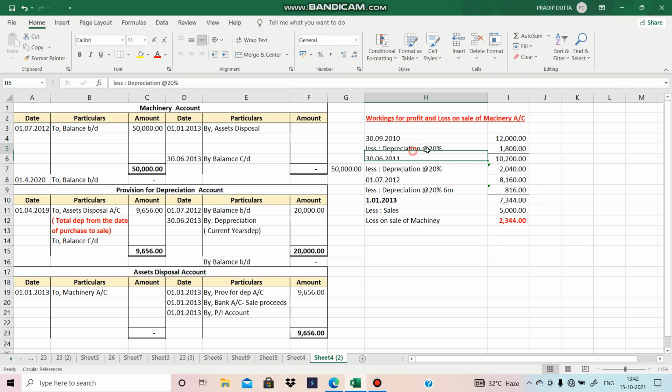First year depreciation 1,800, second year depreciation 2,040, and third year depreciation will be calculated only for 6 months, that is 816. So the written down value on the date of sale is 7,344 and the sale is 5,000. So the loss on sale of machinery is 2,344.